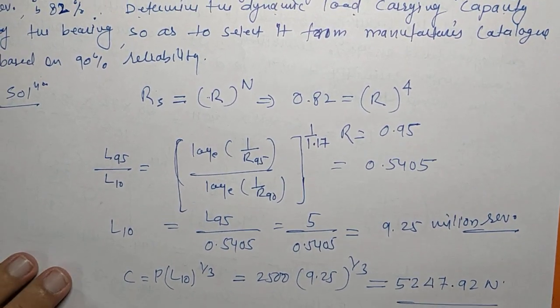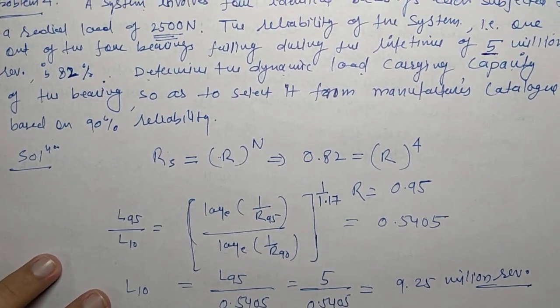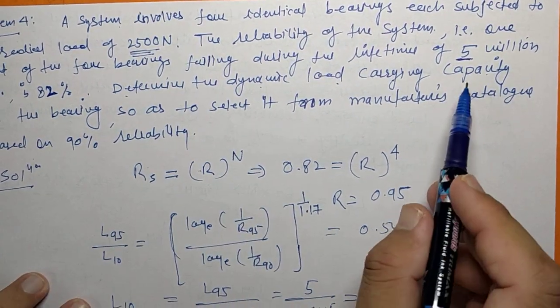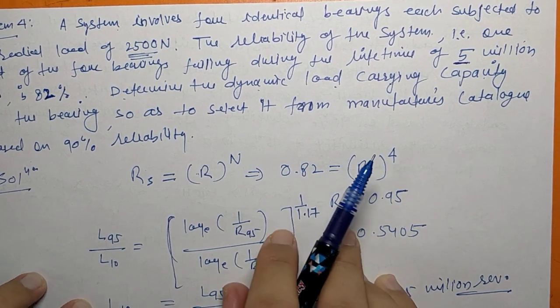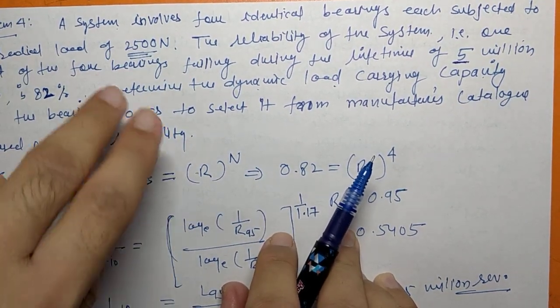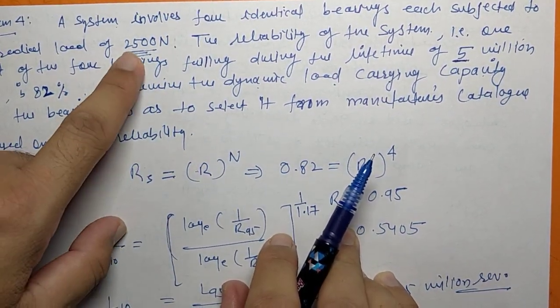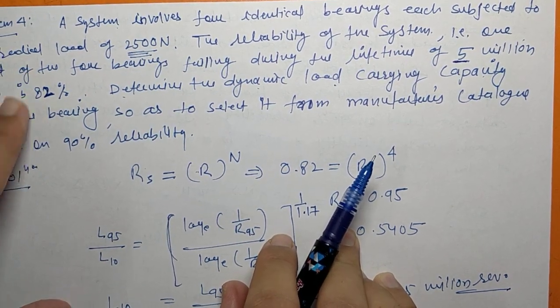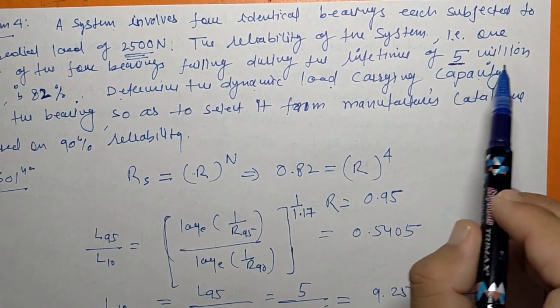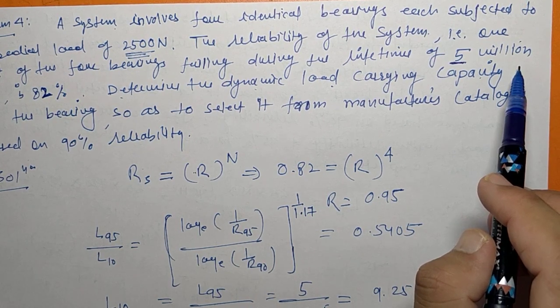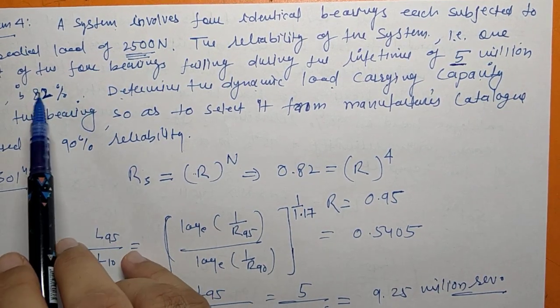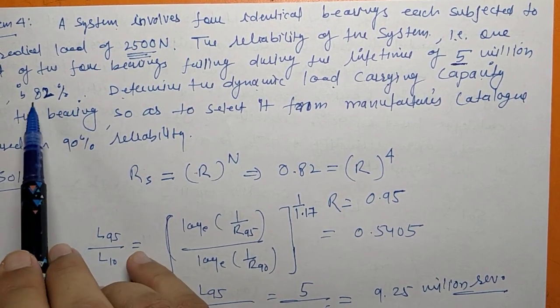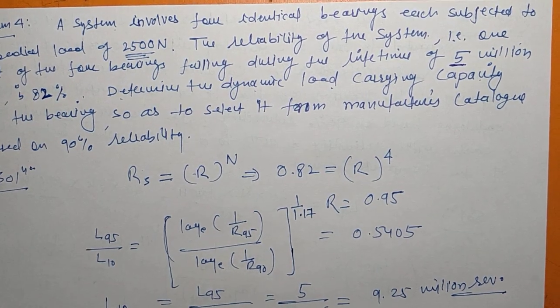Here there is no need to confuse the system reliability and the reliability of a particular bearing. In the system there are 4 bearings and each is subjected to 2500 Newton radial load, and after 5 million revolutions the system will fail, and the reliability of the system is 82%.